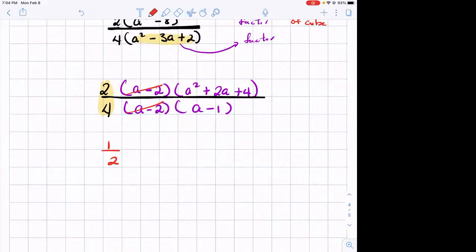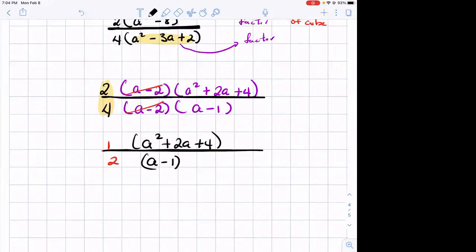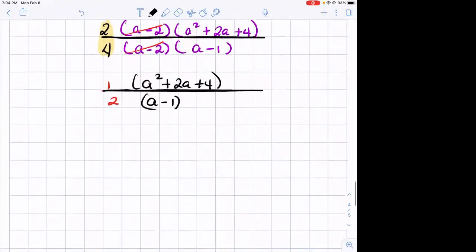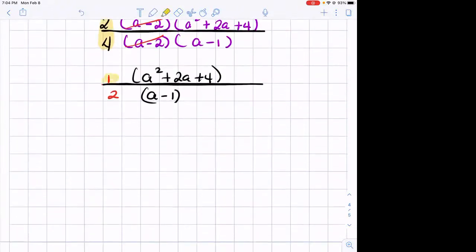And we have left a squared plus 2a plus 4 over a minus 1. There is no need to write the 1 here, so I can rewrite this as a squared plus 2a plus 4 over a minus 1.